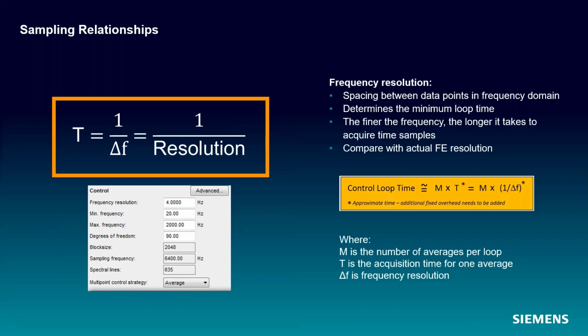If you're doing a vibration test, at a bare minimum, the control loop time is going to be the inverse of the frequency resolution. You can run into issues if you try to get too fine a frequency resolution because your loop time starts to get much, much longer. And a quarter second versus 8 seconds is an eternity of difference in a vibration test. A lot can happen in a vibration test in 8 seconds.